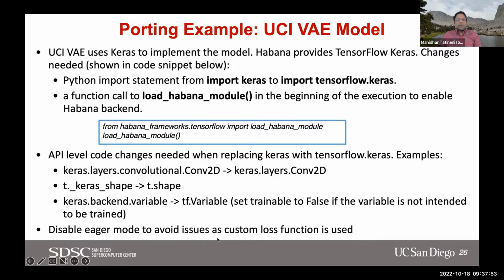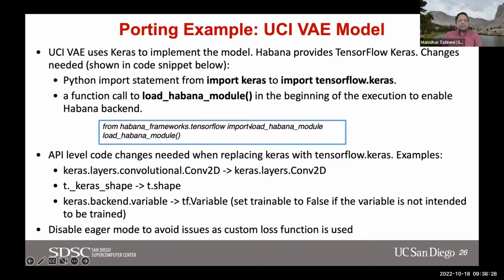So a quick porting example: this was a code out of UCI that uses Keras to implement the model, and Habana has TensorFlow Keras. So it was really very lightweight in terms of change. Instead of using import Keras, we just translated it into the TensorFlow Keras version. We added a function call to load the Habana module at the beginning of the execution.